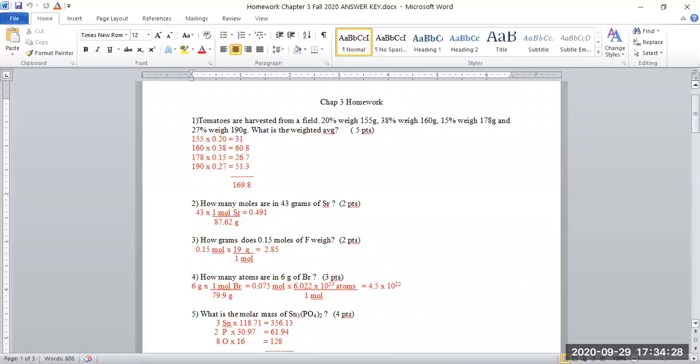Note that since 38% was the highest percentage popularity for your data there, your value actually ends up somewhat closer to 160 than it does to any of the other values.